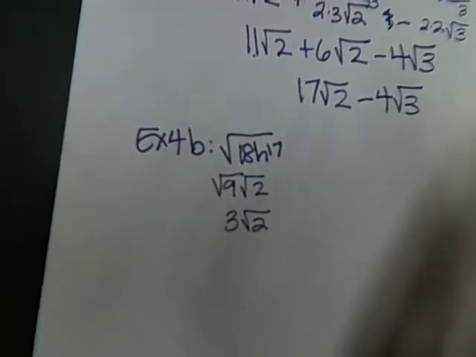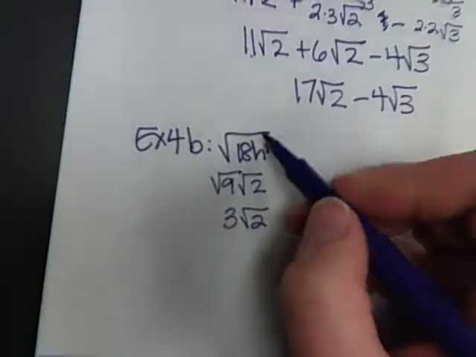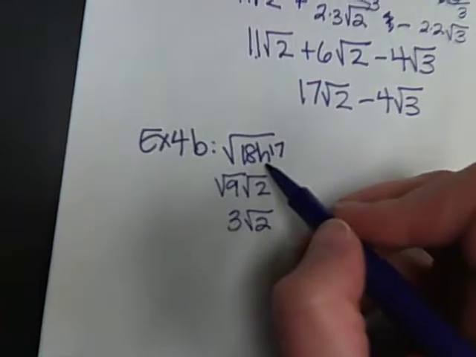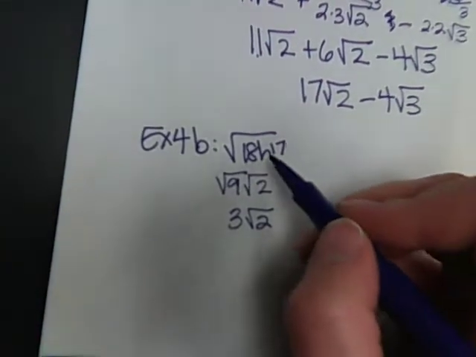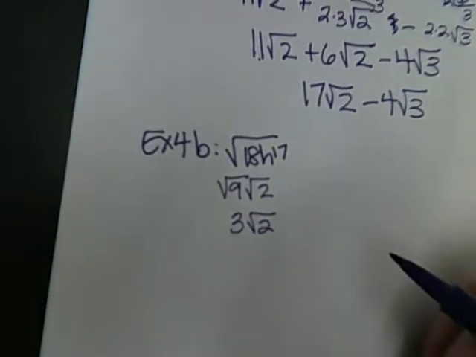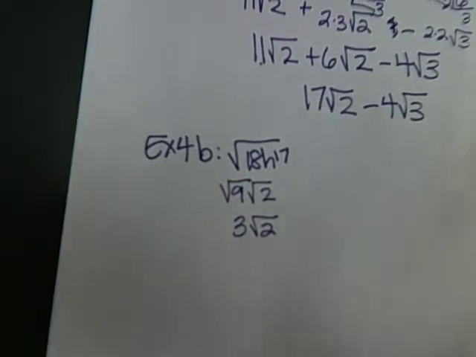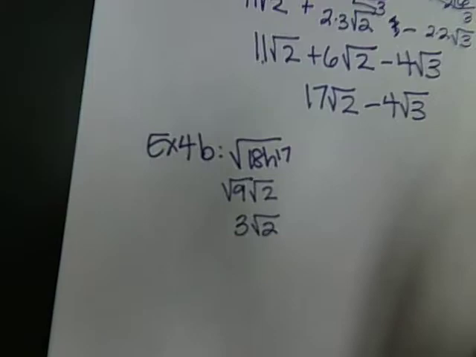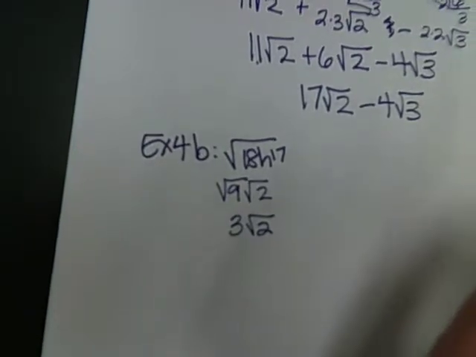I could tree method it if I wanted to. Then I'm going to think about these 17 h's. Remember, they have to come out in groups of 2. So it's like if mom says, you can go to the party, but you can only go if your brother goes. So you have to go in groups of 2.